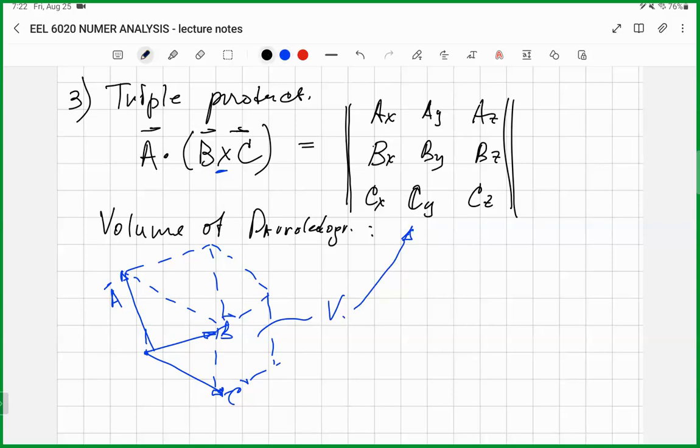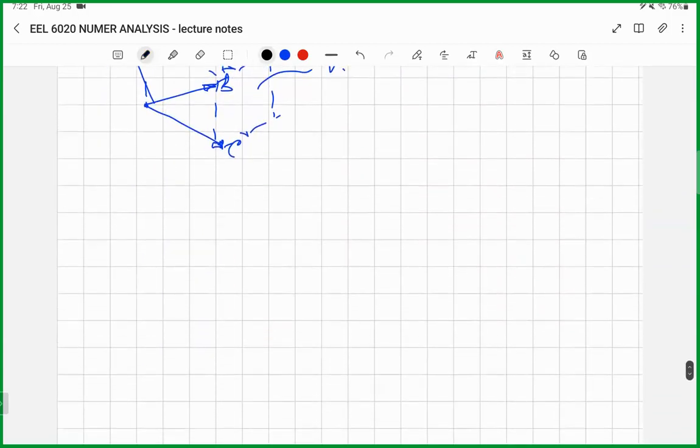This is product number 3. Product number 4 is the so-called tensor product. Tensor products are, first of all, very important.